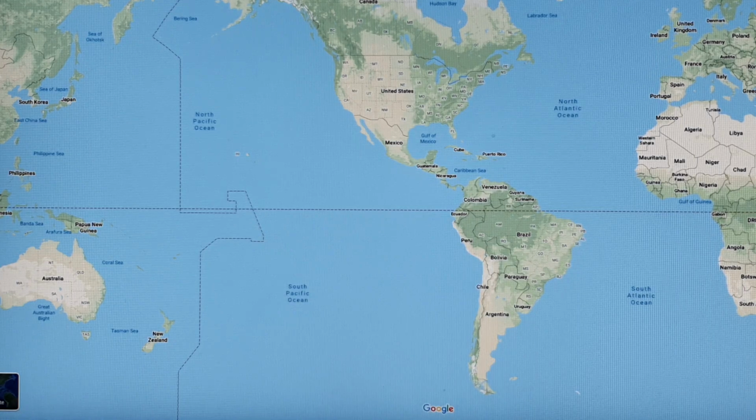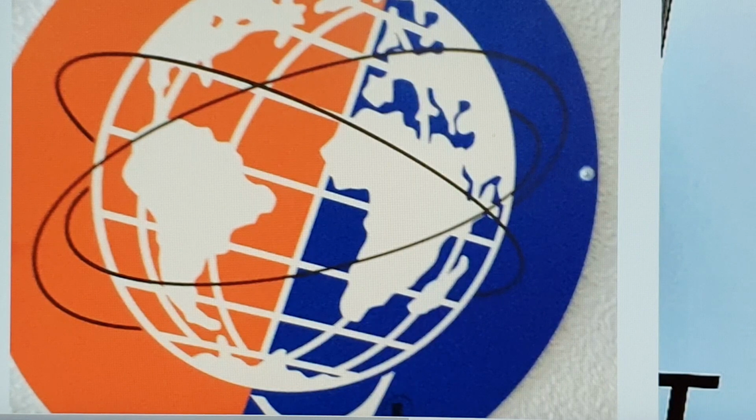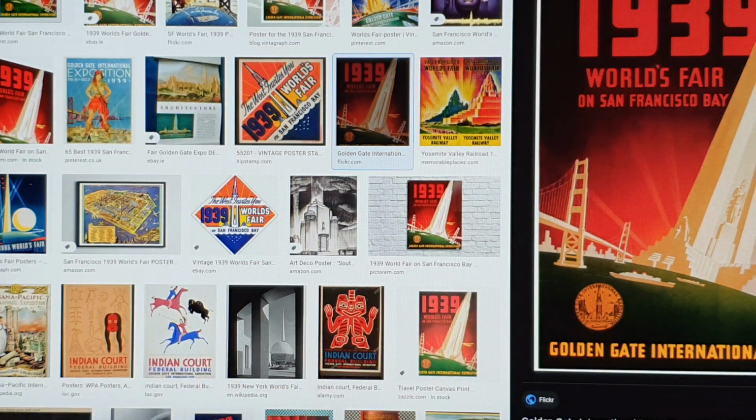I don't want that big. Let's get that out of the way. Now, as I said, this is a prop, so let's start going to the real thing, the real New York World Fair. Okay, well, let's go to the beginning.